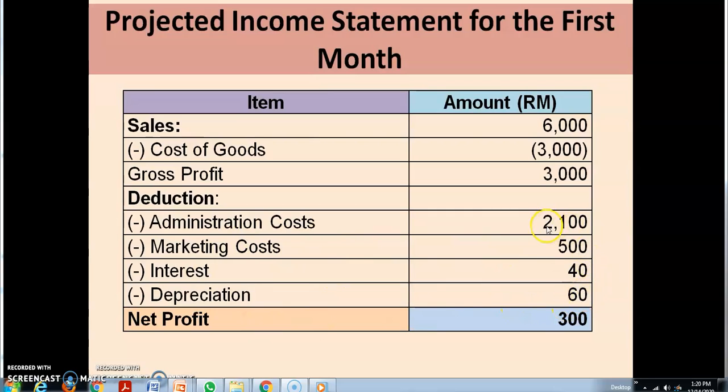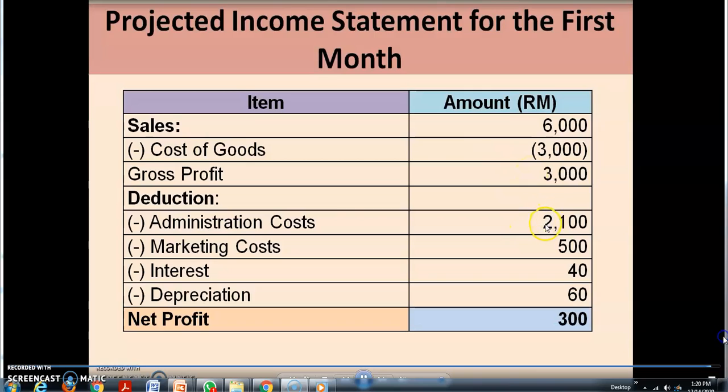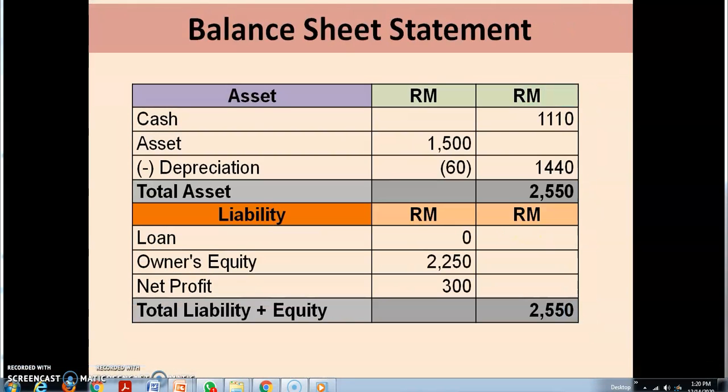So all these figures amounted to 2700, which is the break-even value that you have to deduct from the gross profit. Okay, if the gross profit is 2700 and the administrative operating cost is 2700, then you will get the break-even point here. So guys, the last one is the balance sheet statement.